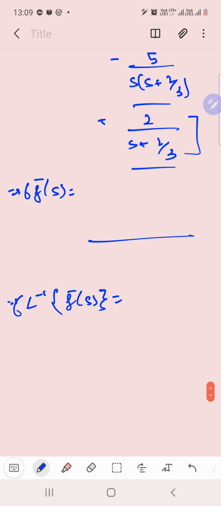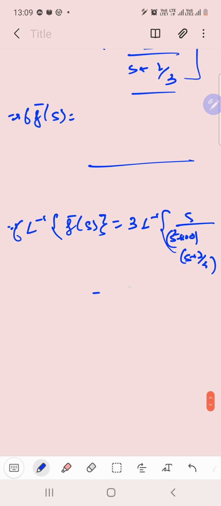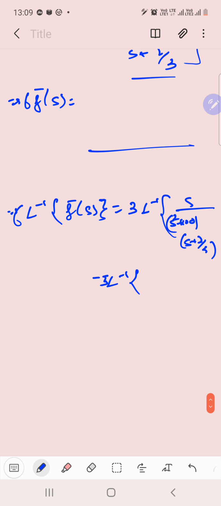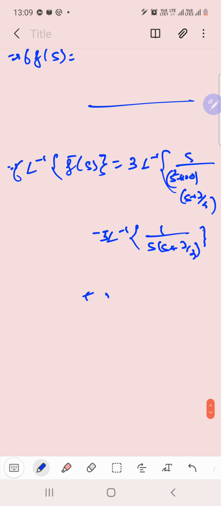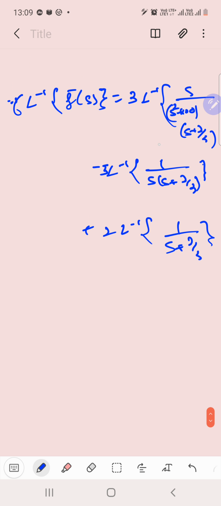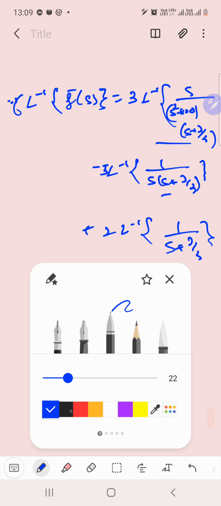So 3 outside, so 3 times the inverse Laplace of s over s square plus 100 times s plus 2 by 3, minus 5 times the inverse Laplace of 1 over s times s plus 2 by 3, plus 2 times the inverse Laplace of 1 over s plus 2 by 3. Clear?